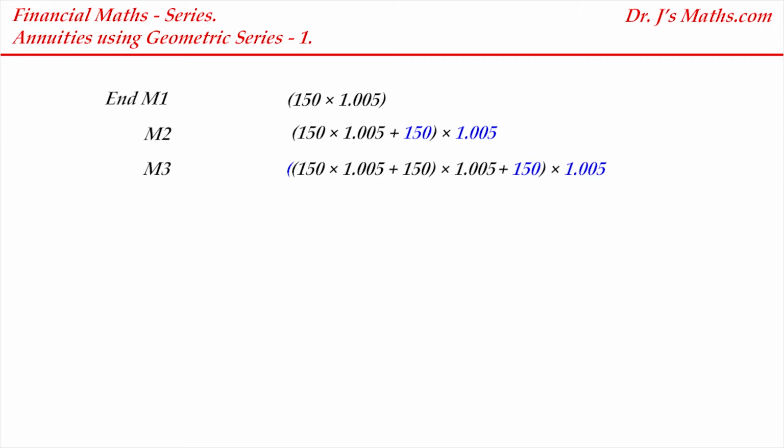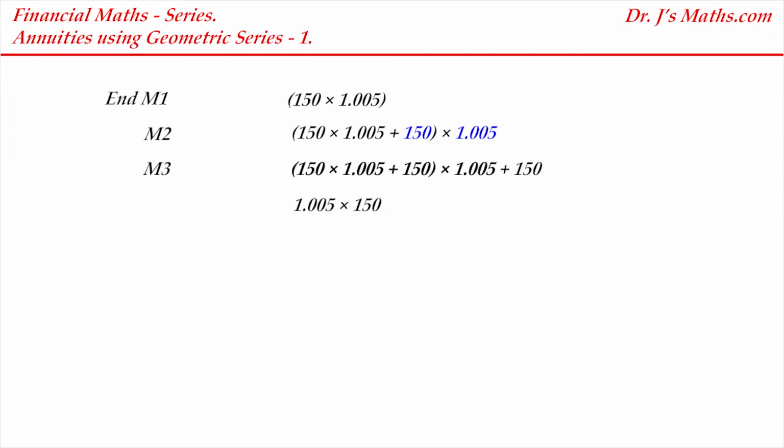So we can do some factorising here just to make it a little bit easier. Well, clearly the 1.005 at the end is outside the brackets anyway, so we'll write that down first. And we're then left with everything else that was in the brackets to start off with. So our second common factor that we can take out is the 150, because that appears 3 times in our expression.